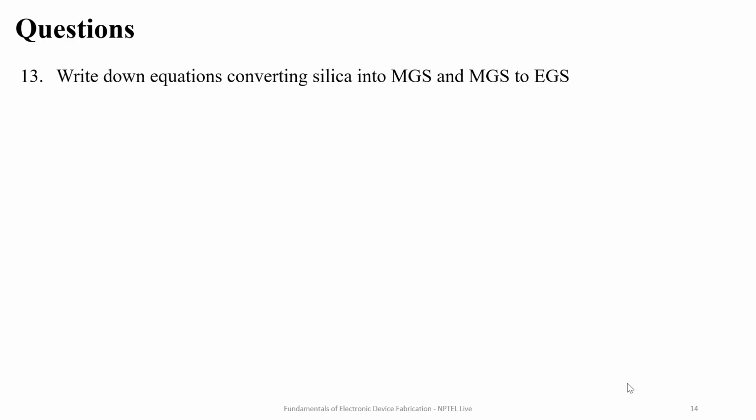So next, somebody has to tell me the equations for converting silica into MGS and then MGS into EGS. So we have a set of reactions, right? These are the kind of descriptive questions that might come up during your examination. Either you'll have to write down the equations or an equation will be given to you and you'll have to identify which step it corresponds to. So what are the equations for converting silica into MGS and MGS to EGS?